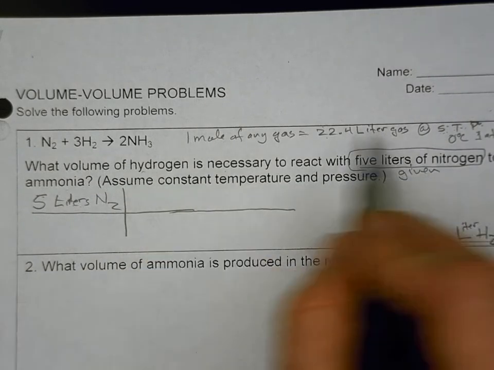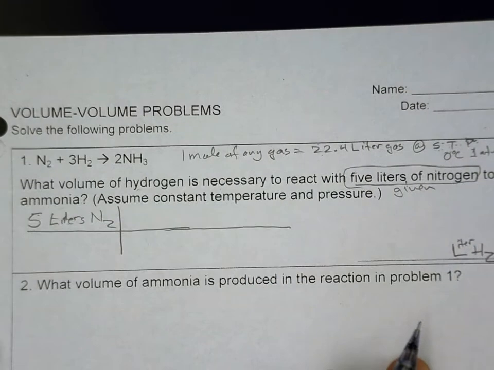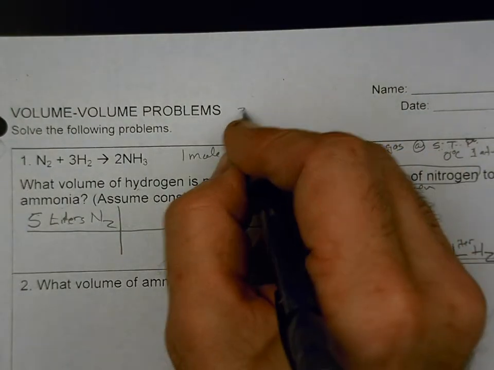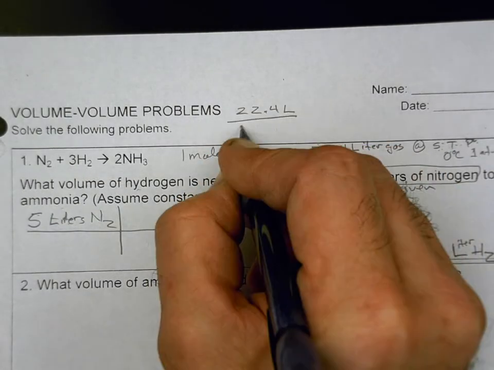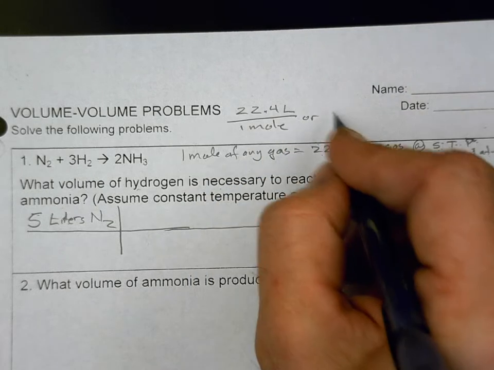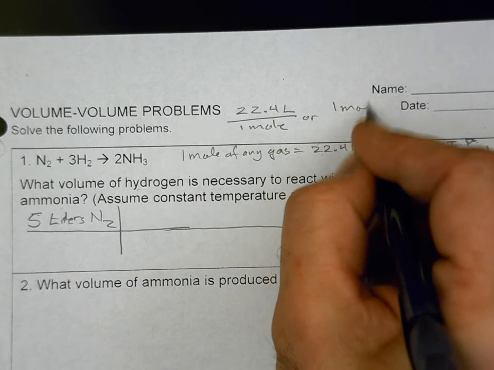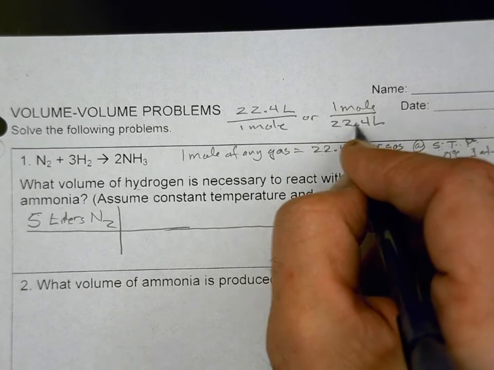So since our conversion factor is 22.4, at the top of the paper, let's write this up here just so you know. We can have 22.4 liters is 1 mole, or 1 mole for every 22.4 liters. Okay, so that's our conversion.